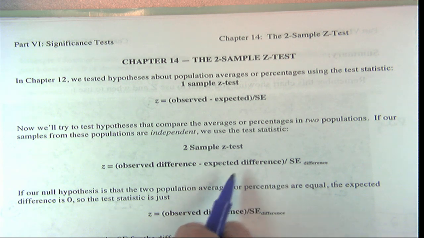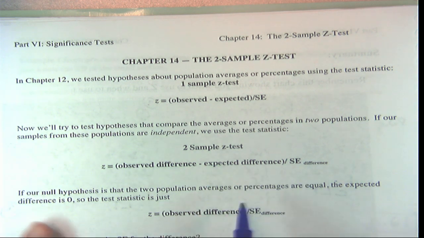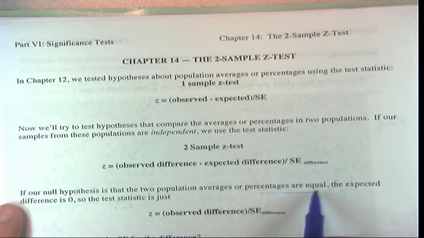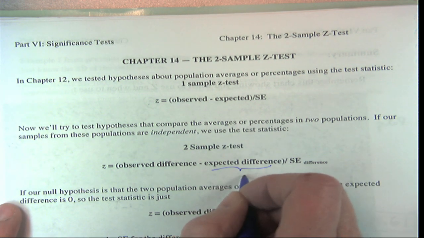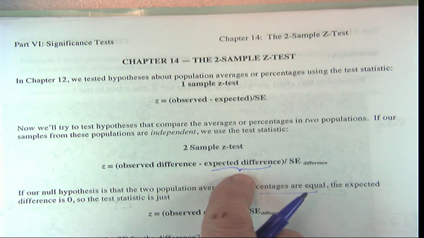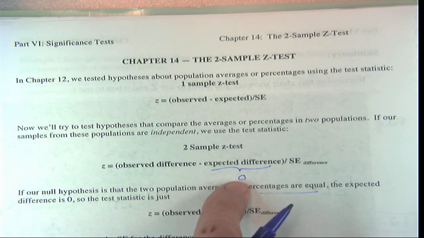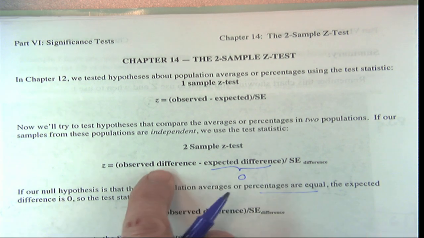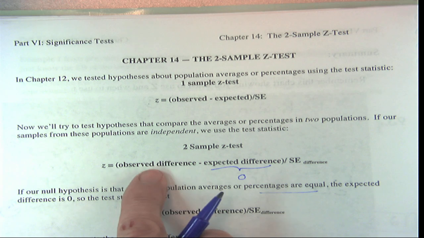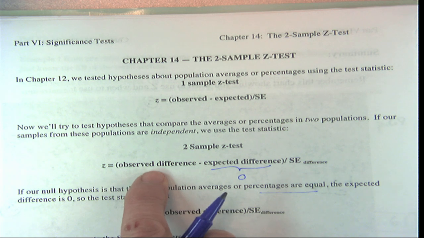This expected difference is usually 0. It doesn't have to be, but in the examples we're going to look at, it is. And then the observed difference is you see some difference in your samples, and you wonder whether it reflects a real difference in a wider population or not.